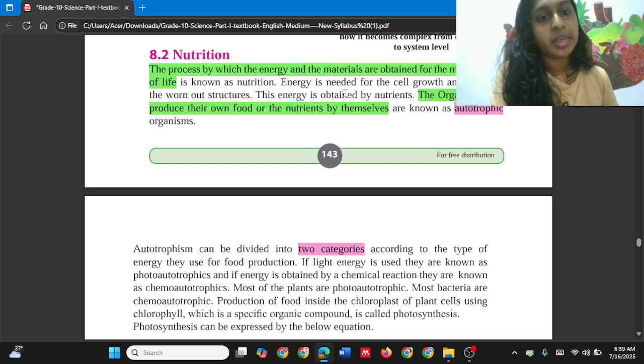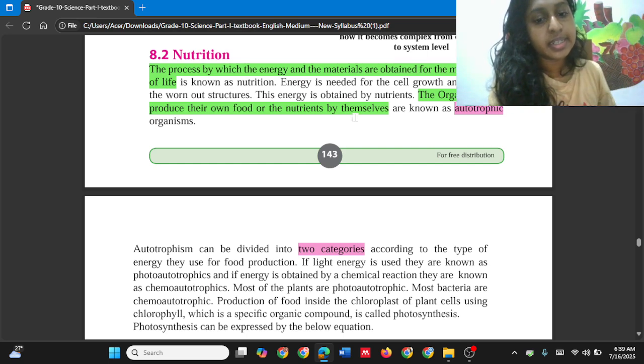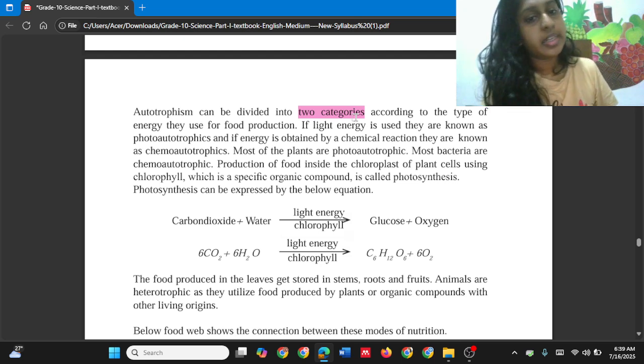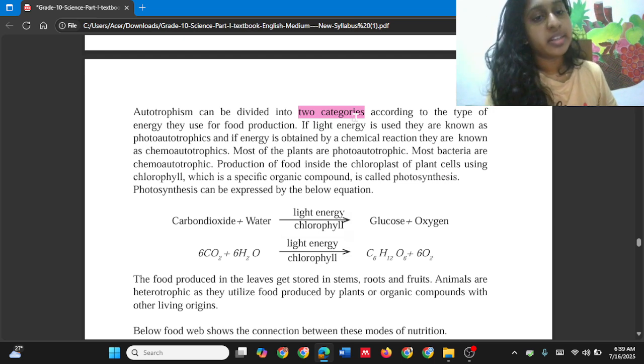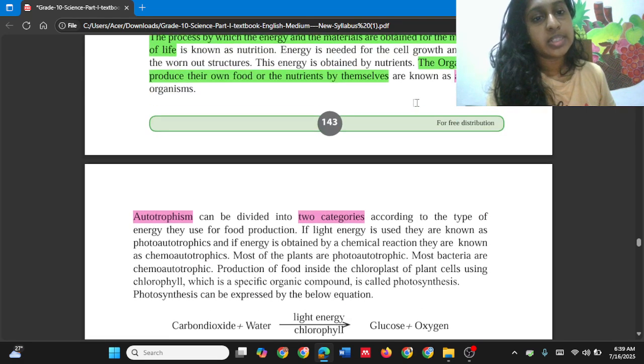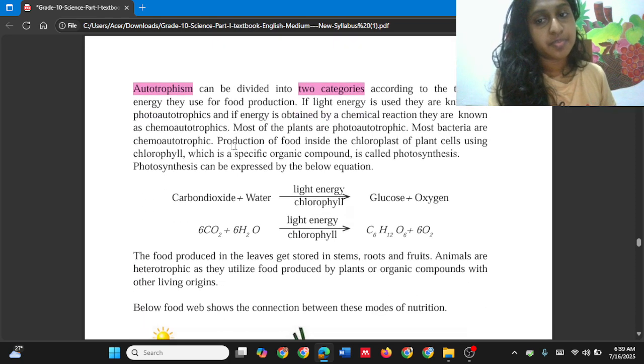Autotrophic means they make all their own food or nutrients. Until now we only talked about plants and algae. We never learned about these two categories of autotrophism. Autotrophism is the noun for organisms producing their own energy.